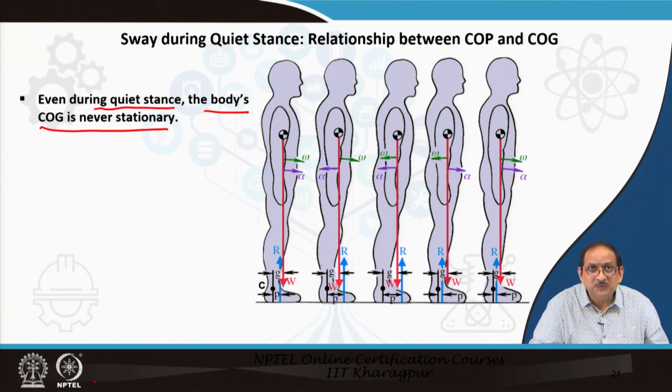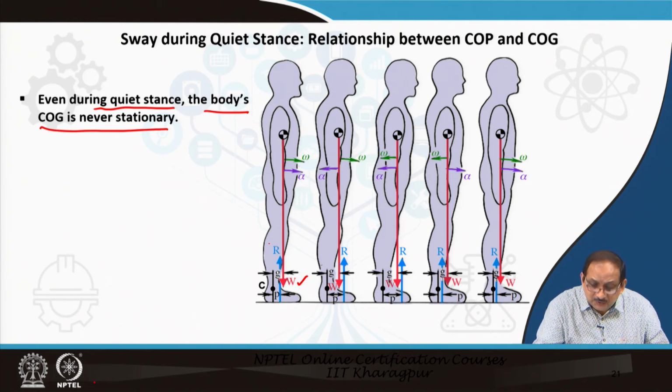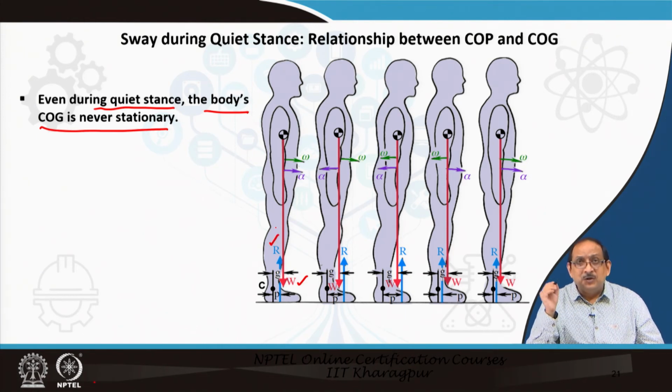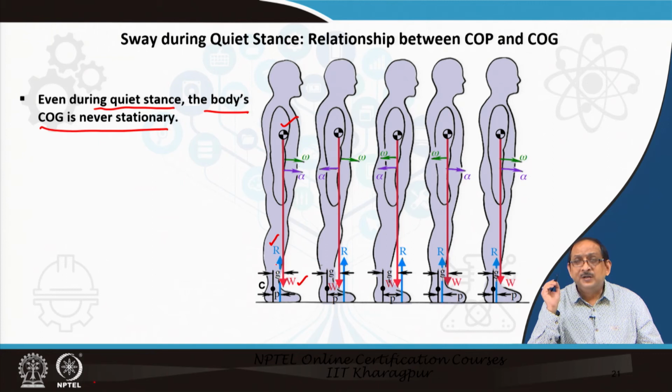So, first we have to focus our attention on the line of action of the body weight W and the ground reaction force R. So, the body weight is acting through the center of gravity COG, and the ground reaction force R is acting through the center of pressure or COP.